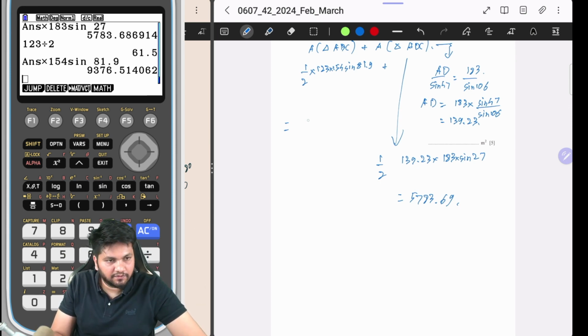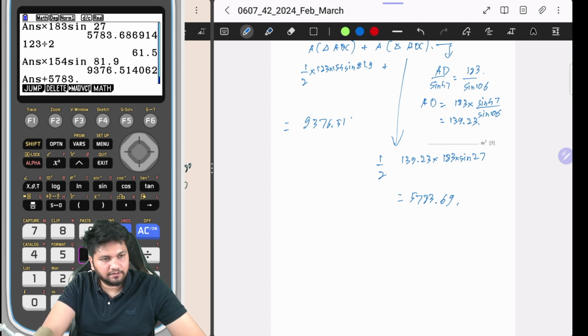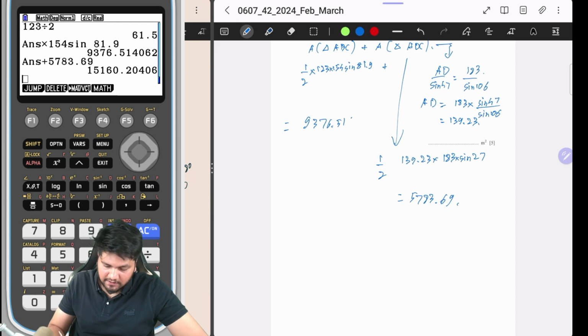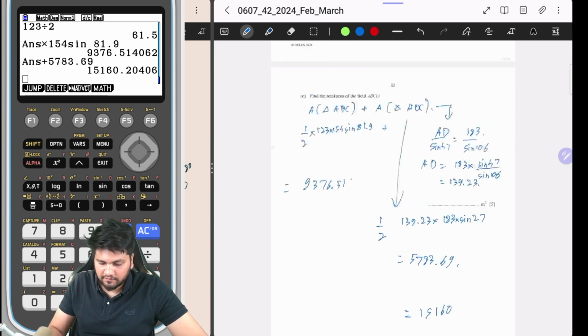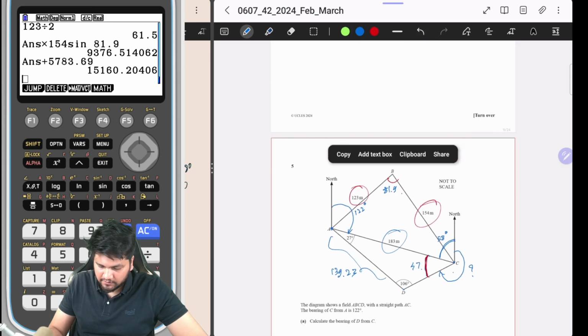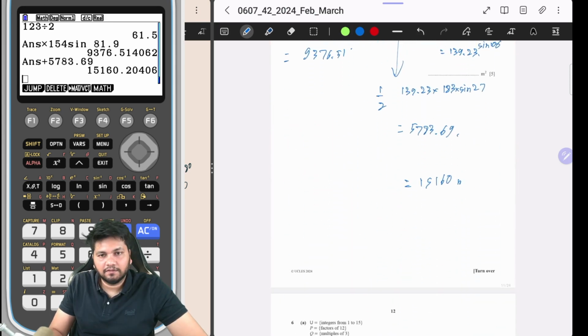This one was 9376.51451. So this I'll add to 5783.69, and you get the area as 15,160 meter square. That's the area.